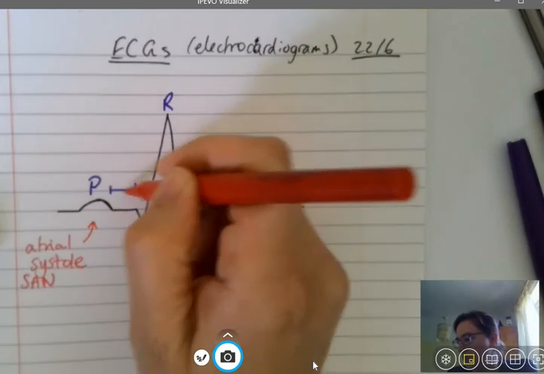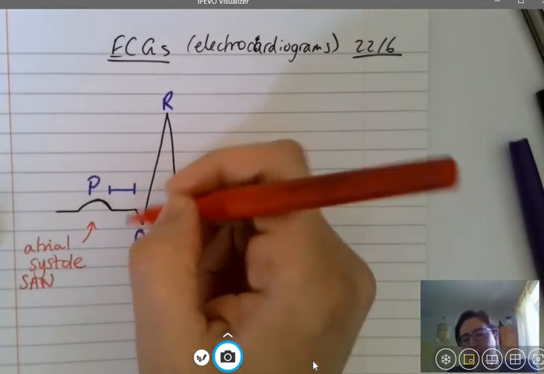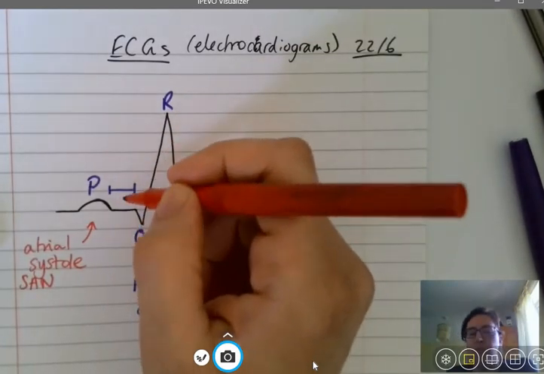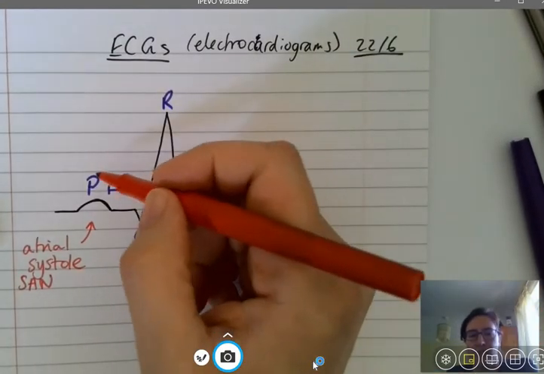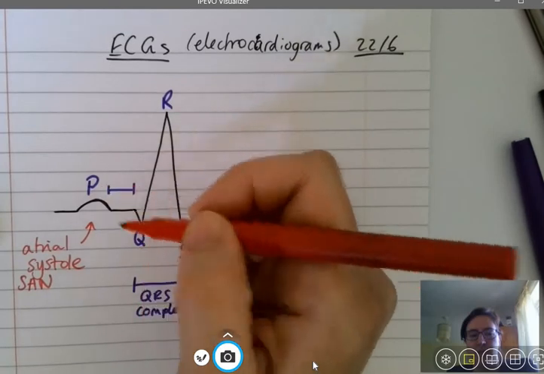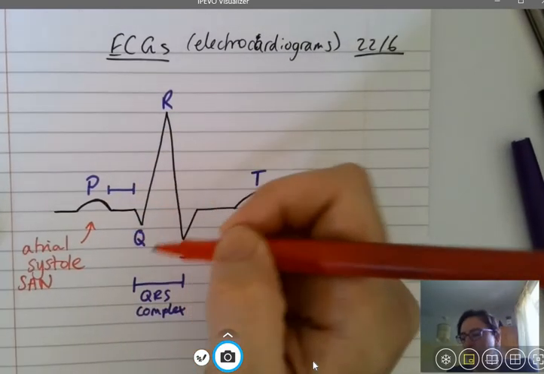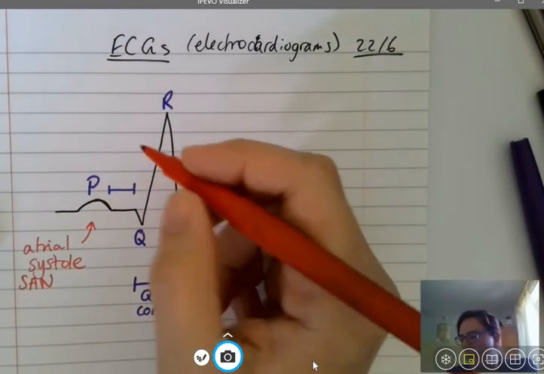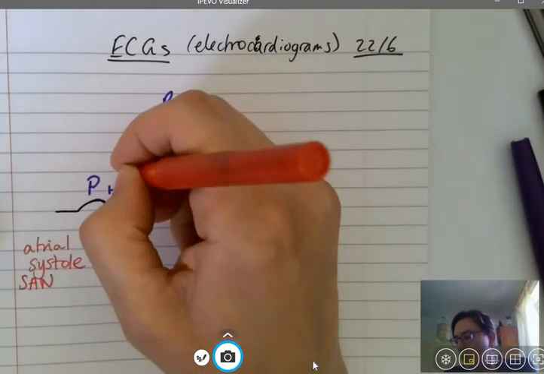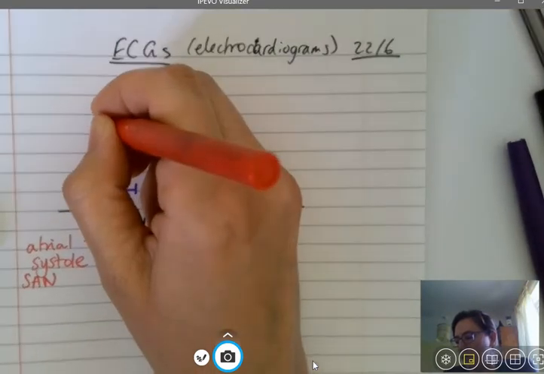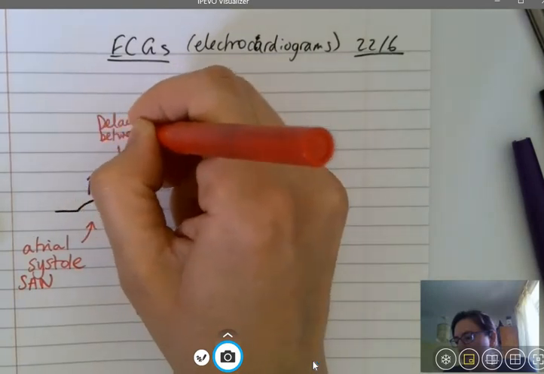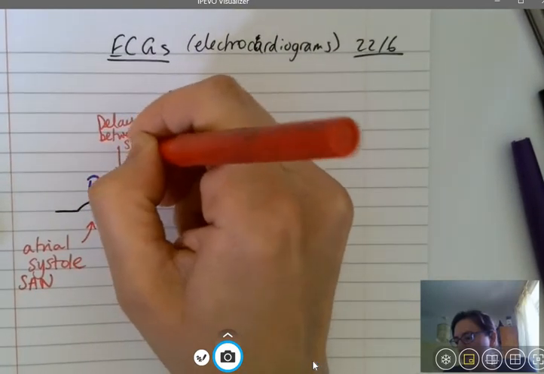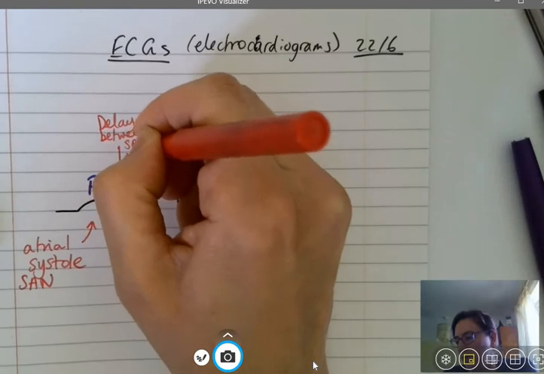So what we find is that this pause here is happening at the same time as the delay that we get between electrical activity in the sinoatrial node and electrical activity in the atrioventricular node. So this is that same sort of delay between our sinoatrial node and our atrioventricular node.